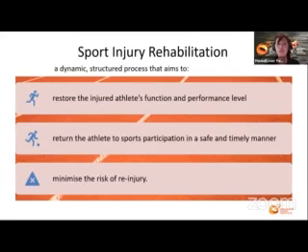The other aim is to return the athletes to sports participation in a safe and very timely manner. Depending on the severity of the injury, this whole rehabilitation process can take from a few days right up to a few months, and at times up to a year or so.